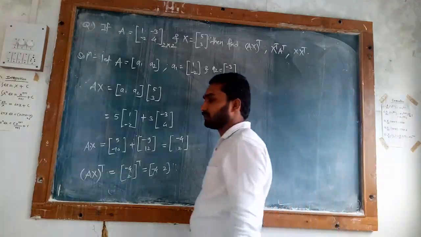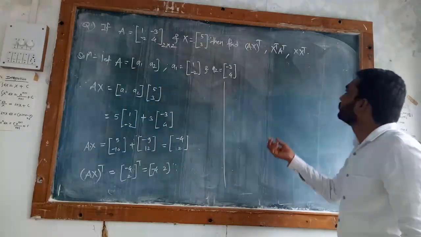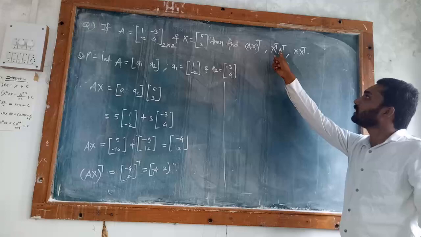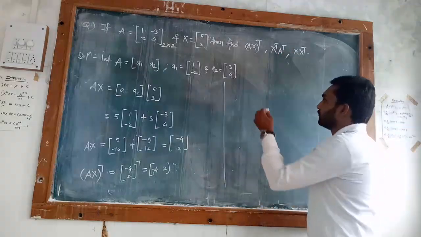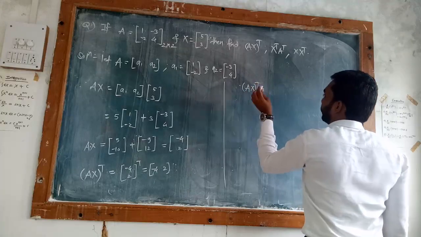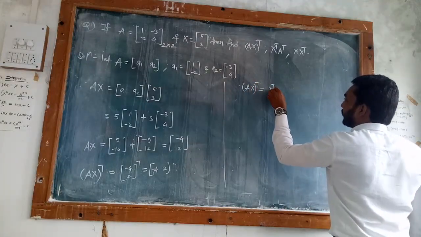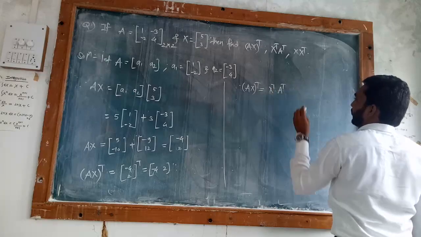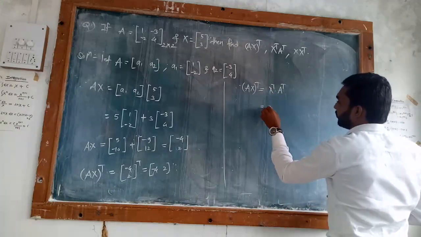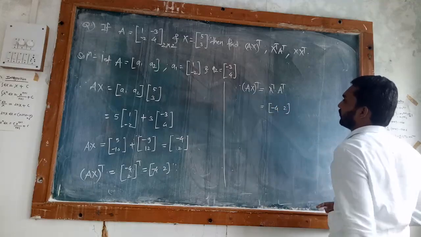Similarly, we want to find x transpose into A transpose. But Ax transpose, by using the property of transpose, becomes x transpose into A transpose, and this value becomes the same, minus 4 and 2. Okay.